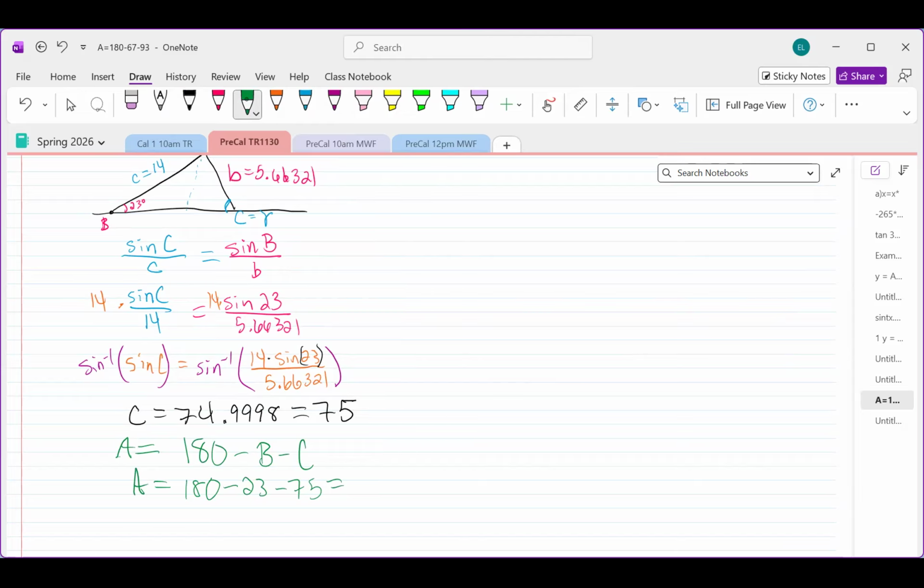So we get 82. Yeah. So angle A in the bigger triangle is 82 degrees.